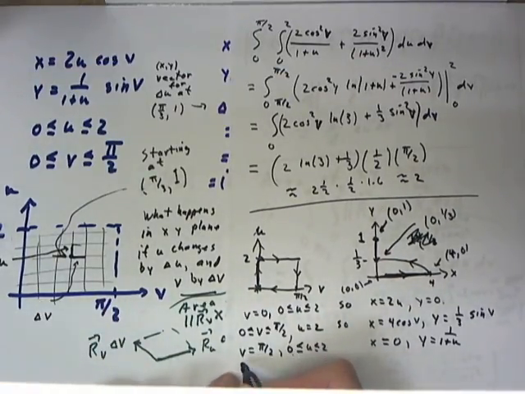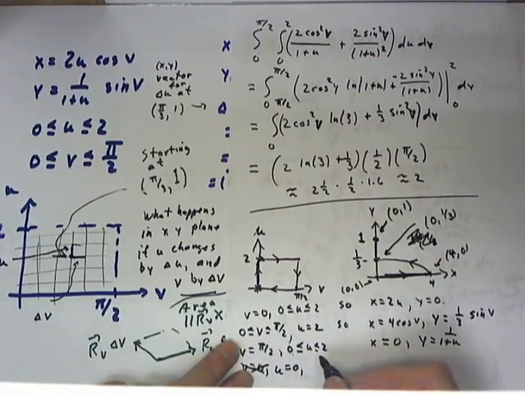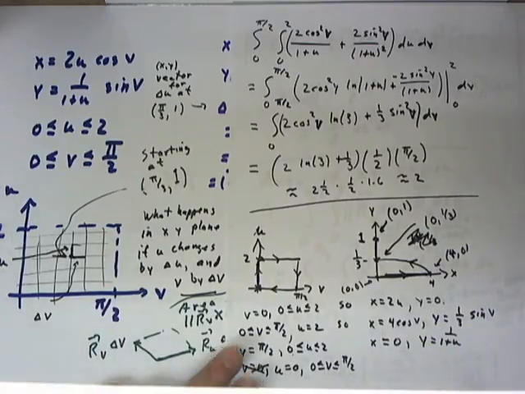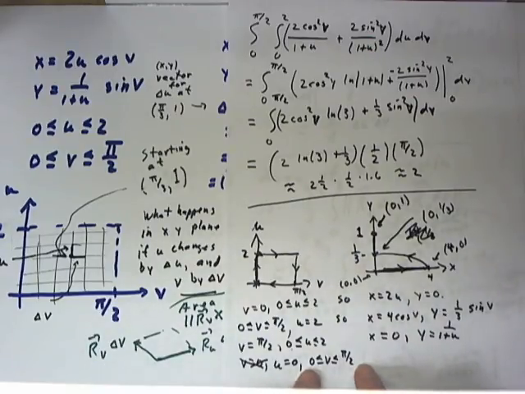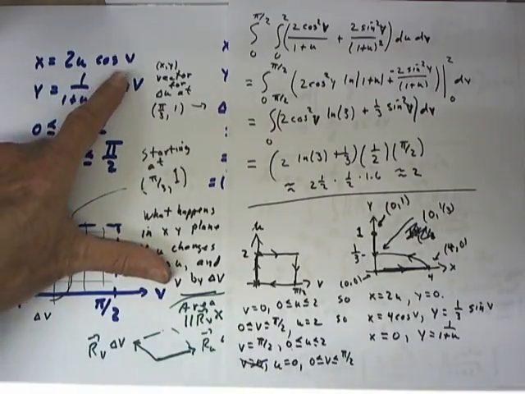Along this path, we have u equals 0 and 0 less than or equal to v less than or equal to pi over 2, traversing in this direction, going from v equals pi over 2 down to 0 while u remains 0. This is not going to be pretty.